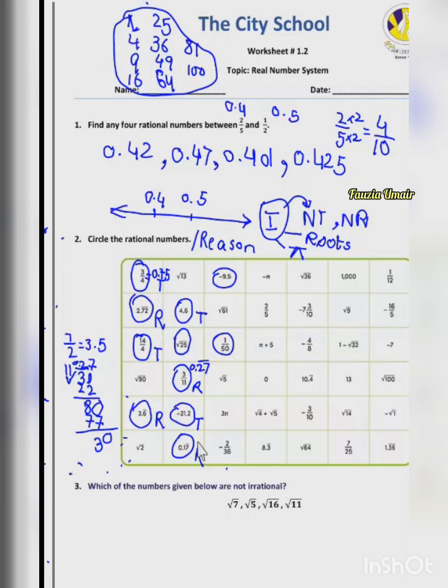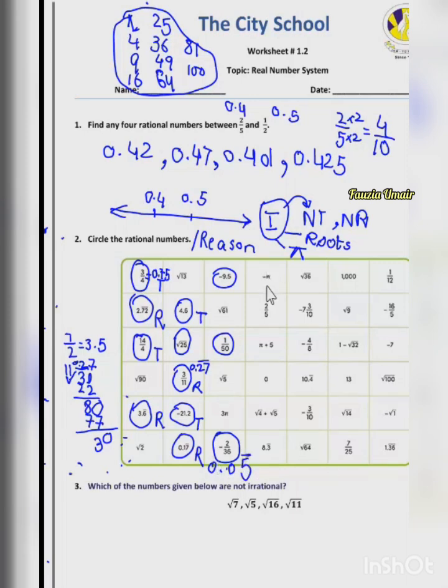Rational. It's rational. What is the value, beta? 0.055555. So it's like 0.05 and there is a bar on the 5. All right. Next is minus pi.